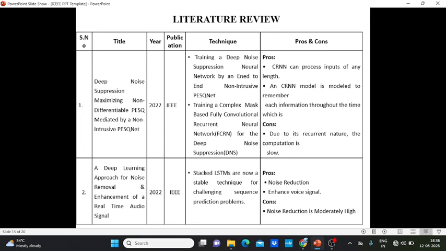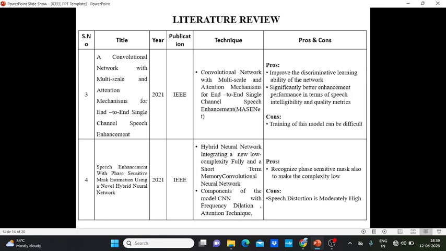And next one, deep learning approaches for noise removal and enhancement of real-time audio signal. In this one, the LSTM method is used; noise reduction is better, enhancing the voice signal, and noise reduction is moderately high, but not reduced properly, though somewhat better.